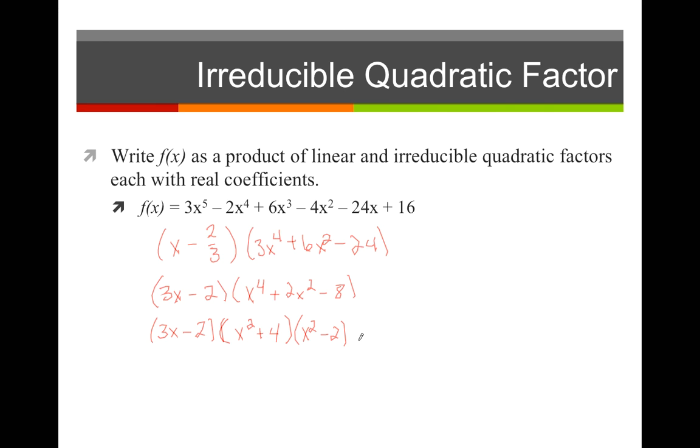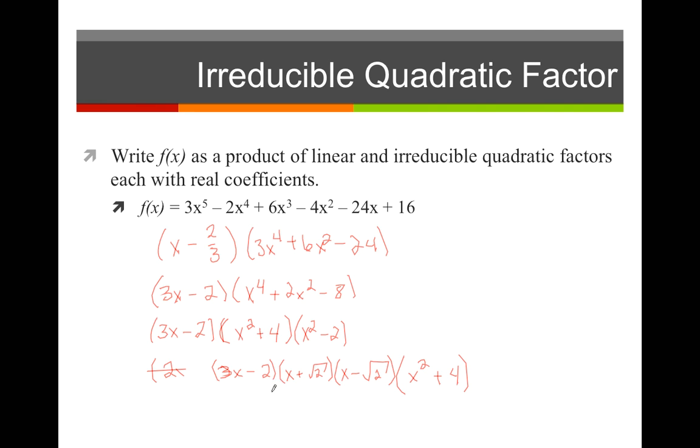Which I know we can factor one way or the other, but sometimes the book likes to call these things irreducible quadratic factors. 3x minus 2. X squared minus 2 will factor to x plus radical 2 and x minus radical 2. And then x squared plus 4, they're going to call it an irreducible quadratic factor, even though we know how to factor it.